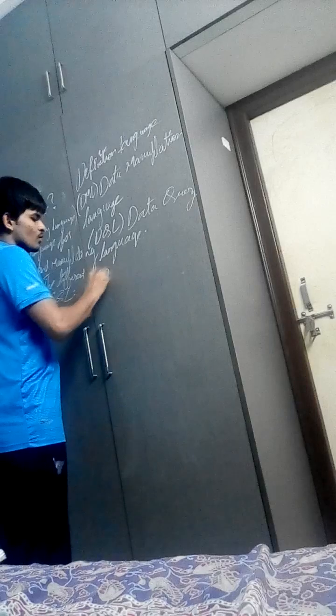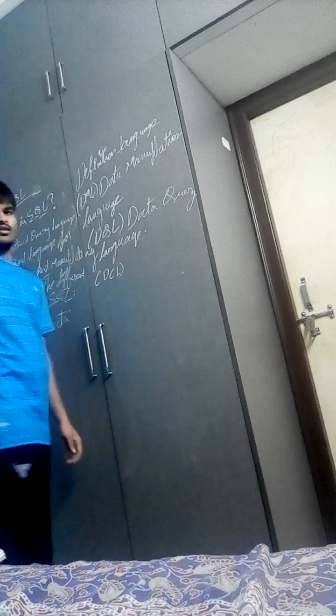So next, DCL. So we have the types of languages. How many types of languages? 5 types. So we have completed 3 types: data definition language, data manipulation language, and data query language.